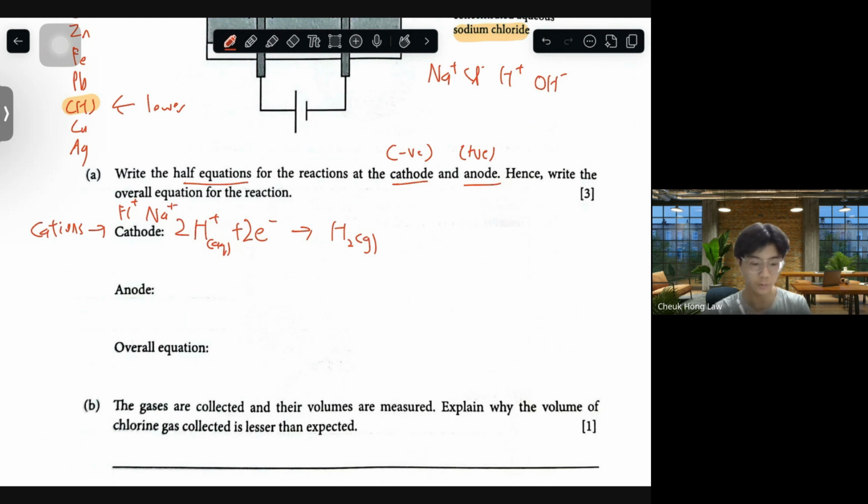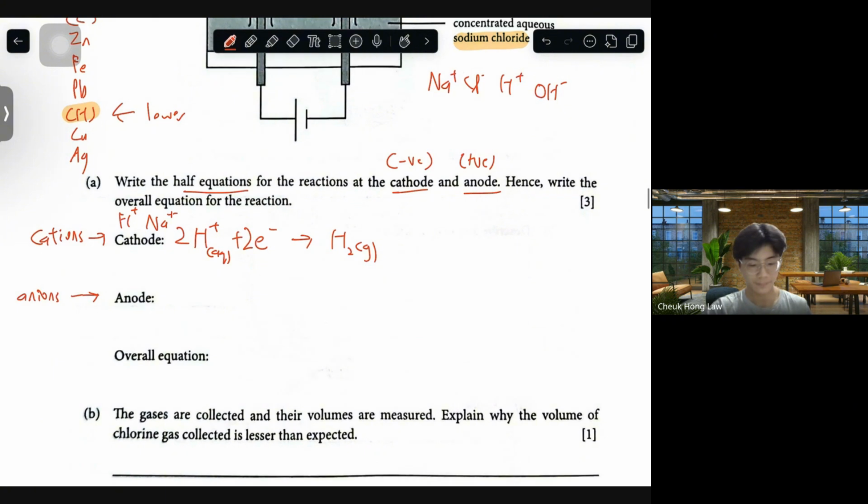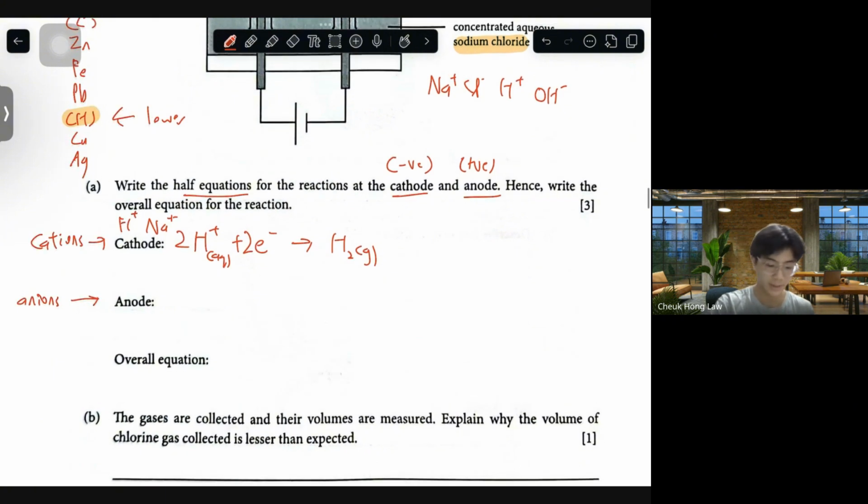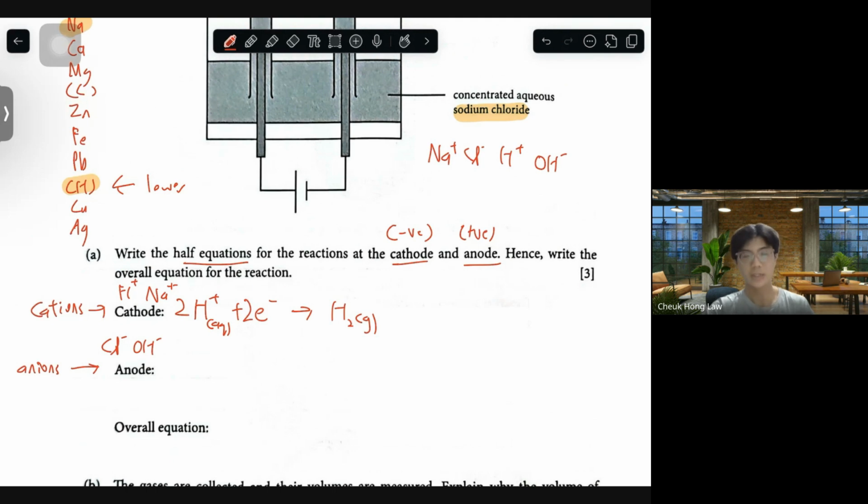Okay, moving on to the anode. So your anions are attracted to the anode. Okay, so I'm considering Cl⁻ and OH⁻. Your negative ions. So how do I choose which one is selectively discharged? First, you must see whether your solution is concentrated or dilute. So obviously this one is concentrated.